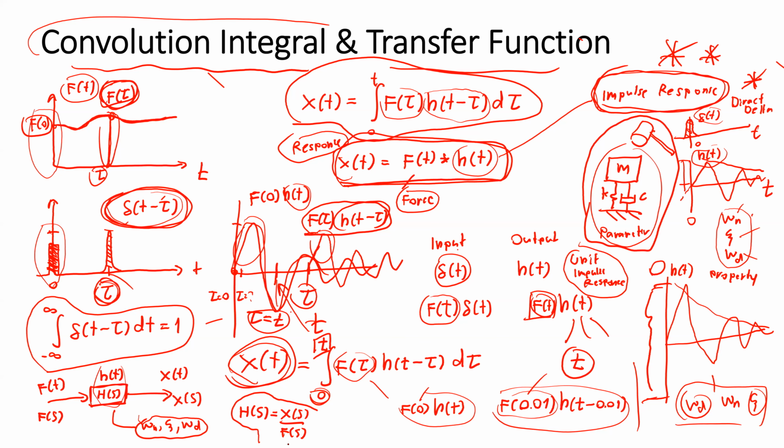But the new conclusion from today is that a way to obtain a transfer function is to apply a unit impulse to the system and see how it vibrates. By experiment, if we can control the unit impulse input and the system has m, c, k properties, when we see it vibrate and see the decay of the magnitude, we're going to have an idea of omega n and the damping ratio.